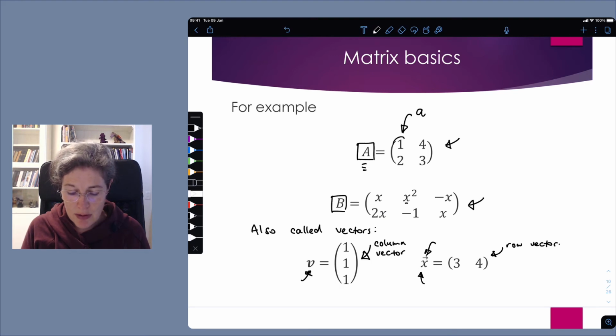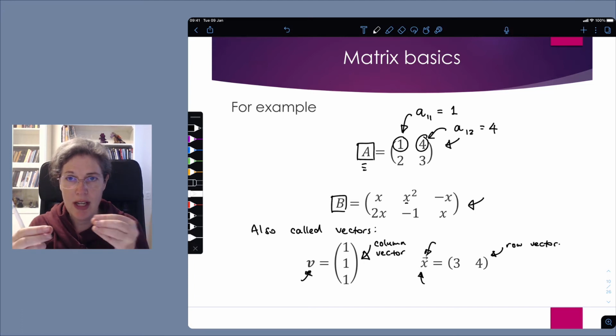So for example, this entry 1 is found in the first row and the first column. So a11, the entry a11, is equal to 1. On the other hand, if I want to refer to this entry over here, it would be a, first row, second column, and it's equal to 4. So this gives us a way of pulling out individual entries from our matrix.